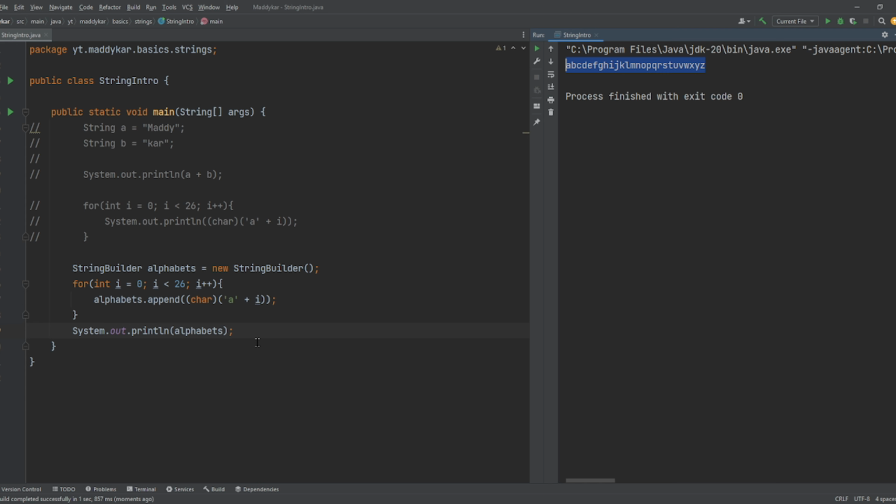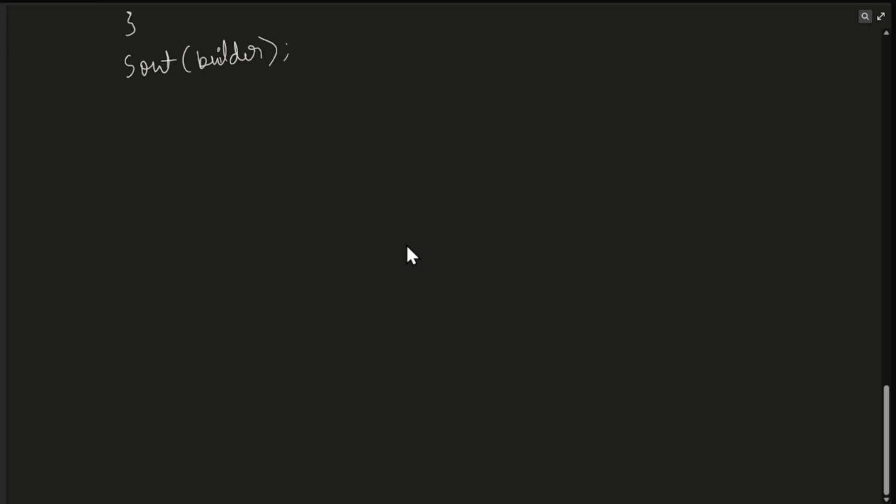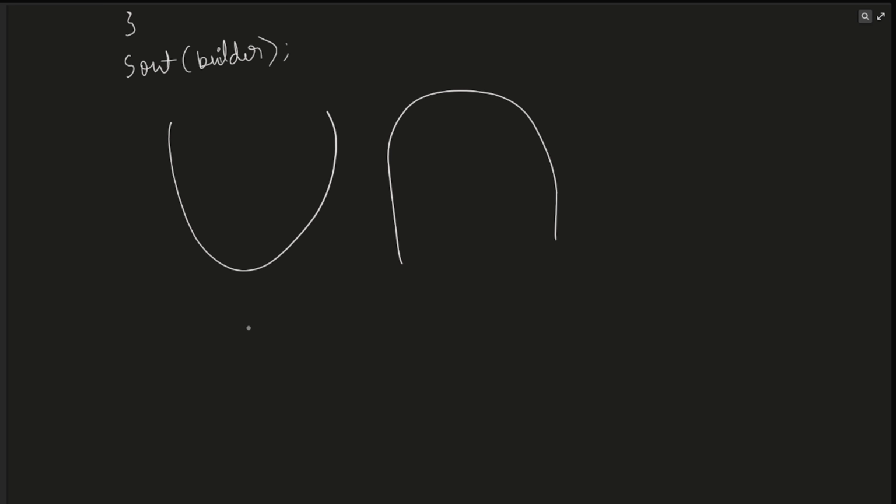Let me just show you how stack and heap work for this so that the concept will be clear to you. I have a stack here and heap. When the compiler encounters the first line, that is the StringBuilder declaration, the builder reference variable will go into the stack, and an object is created inside the heap with an empty string initially, and this builder will point to the created object.